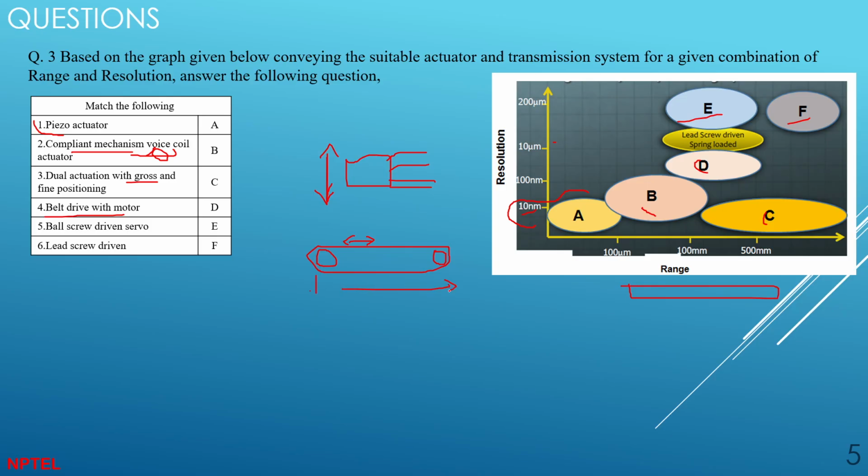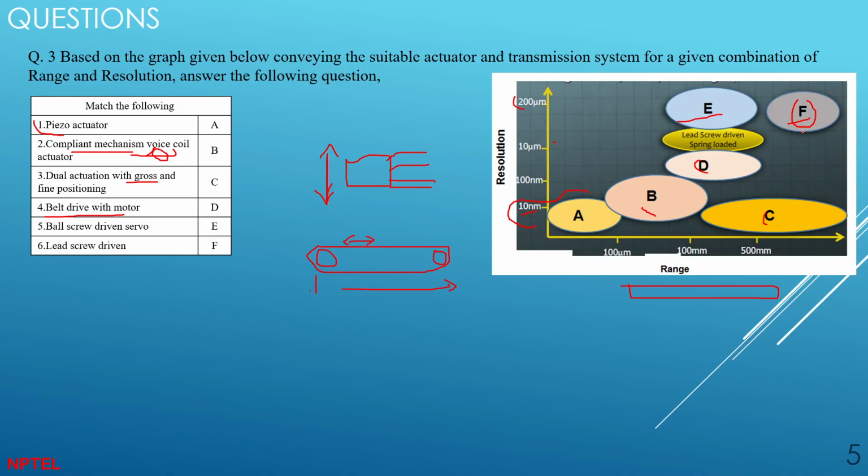It has a good range, but it doesn't have that high resolution. Due to the slippage problem, I think F will be the right option, because the resolution is very bad because of the friction.